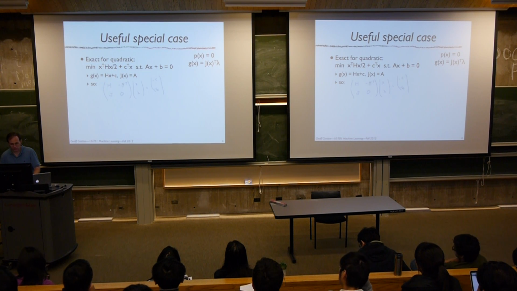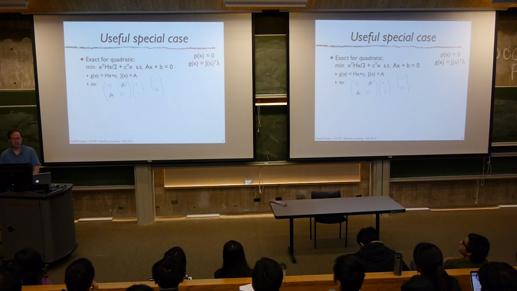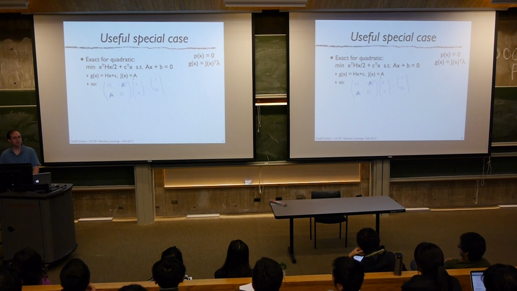And this j, I wrote j, it's the same as a, so I'll just fill in a here, right? And so here, this matrix doesn't change. No matter where you put x, the gradient is the same linear function of x, and the Jacobian is always a.